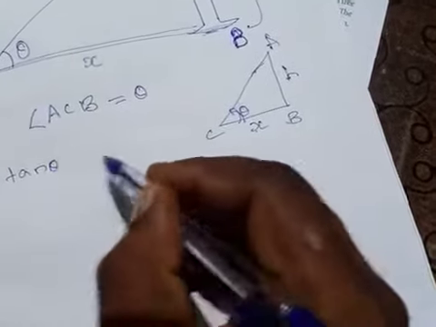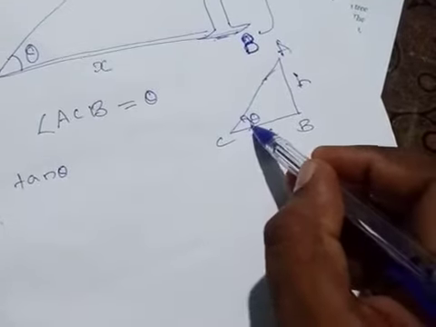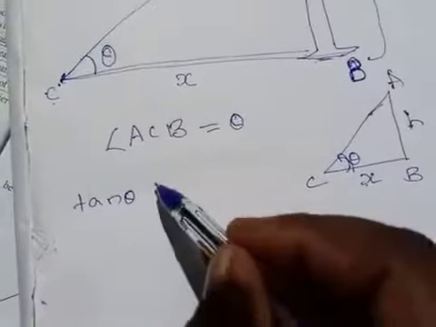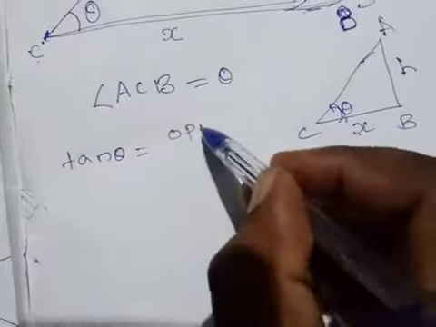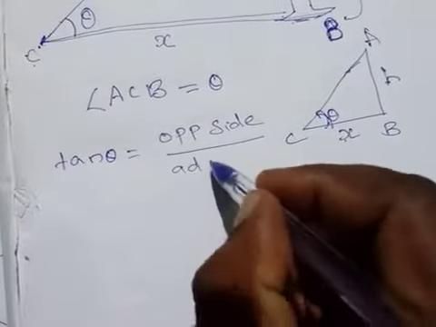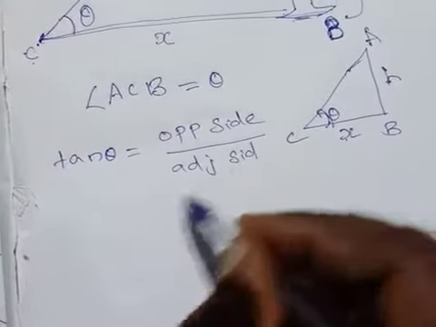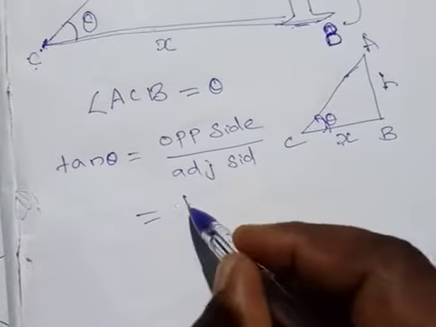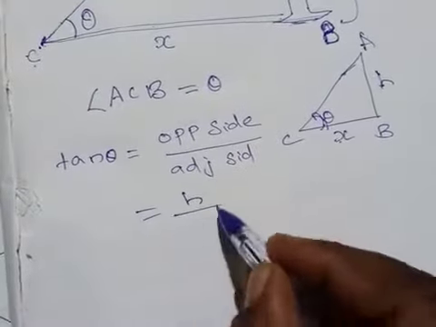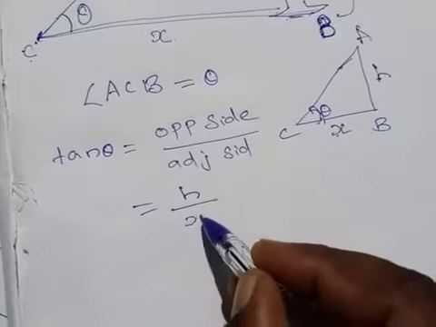So how do you take tan theta? The formula: tan theta is equal to opposite side by adjacent side. The opposite side is h and the adjacent side is x.